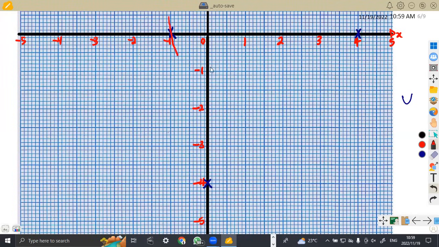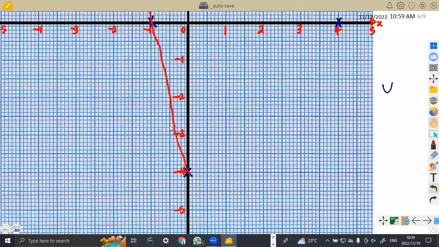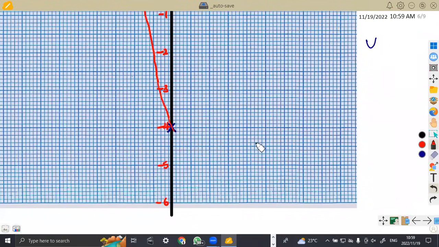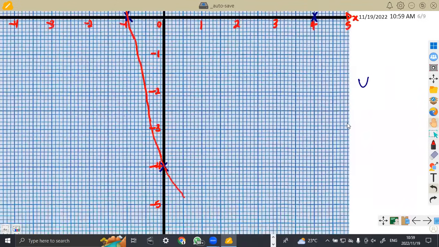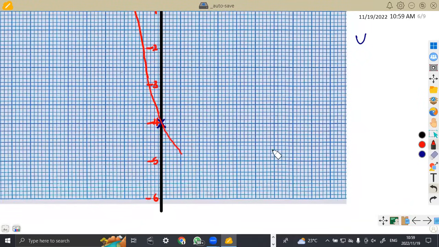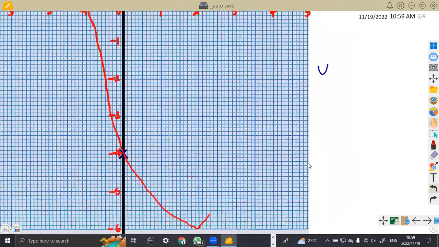Something like this. It has to be something that is nice, guys. Your graph was supposed to be at least smoother than the one that I'm drawing here. We have to go back to 4 here.